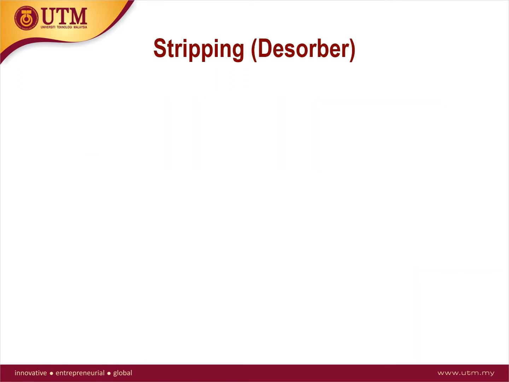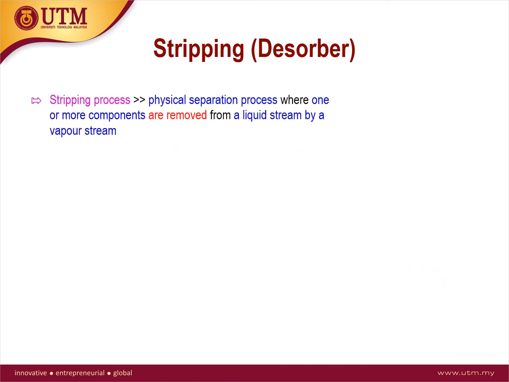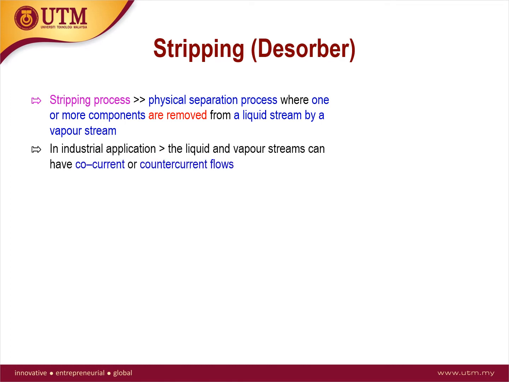The inverse of the absorption process is known as the stripping process. Stripping is a physical separation process where one or more components are removed from a liquid stream by a vapor stream. In industrial application, the liquid and vapor streams can have co-current or counter-current flows.